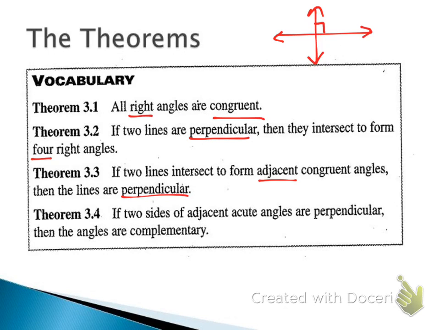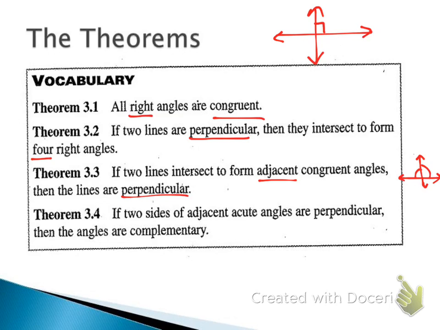So what that means, or what that looks like, is that if these two lines intersect and these two angles are congruent to each other, then that means those two lines were perpendicular. Because if we've got a straight line and they're split equally, they would both have to be 90. That's basically what that third one's saying.